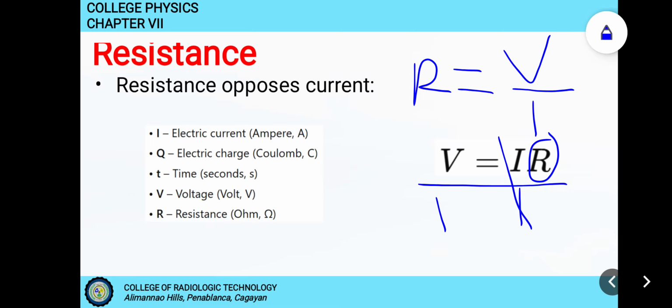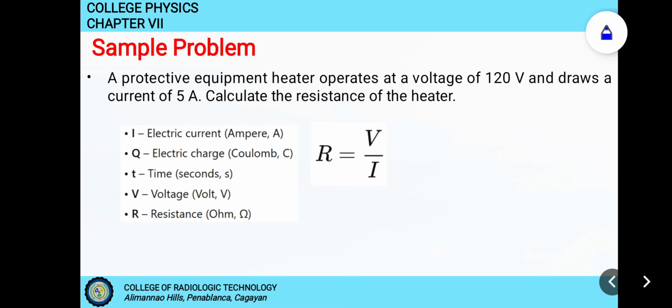Take note that V is the voltage, I is the current in ampere, and the resistance is in ohm. Is our formula correct? Yes. A protective equipment heater operates at a voltage of 120 volts and draws a current of 5 ampere. Calculate the resistance of the heater.